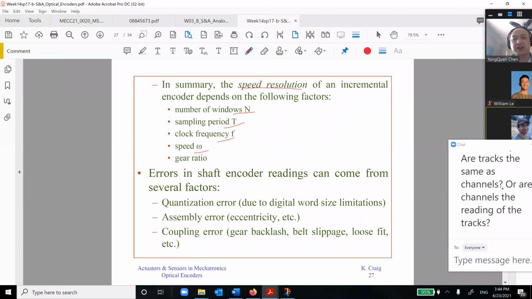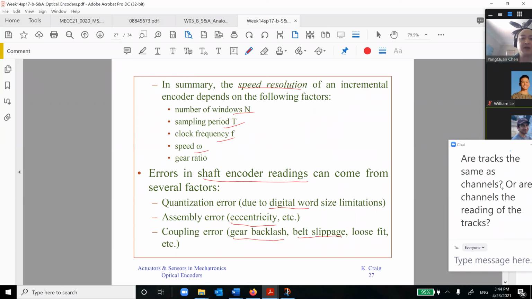For shaft encoder readings, you have some error sources, like quantization error, which is due to digitization. If it is not aligned well, that's called eccentricity. Sometimes with the coupling of the gear through the gearbox, you have gear backlash.